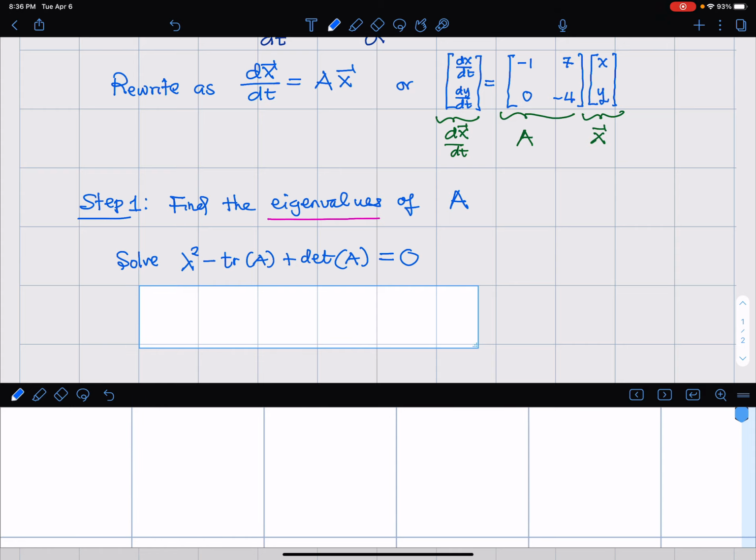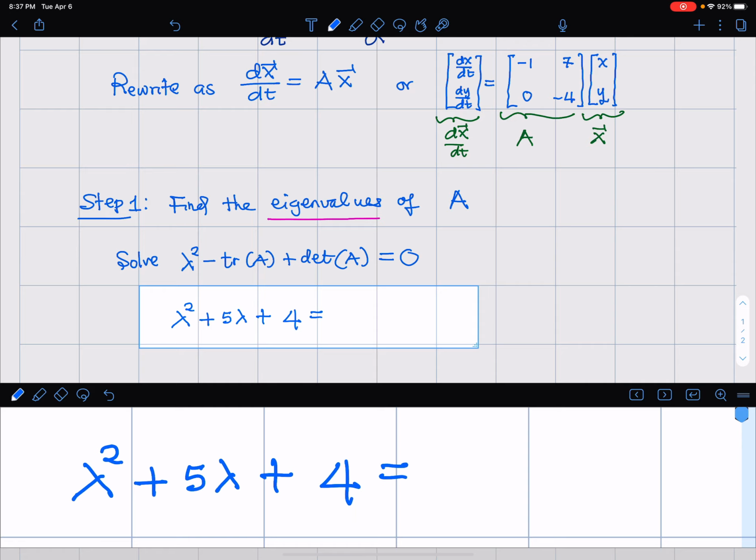So this is lambda squared. The trace is negative 1 plus negative 4, which is negative 5, so minus the trace will be plus 5 lambda. Then the determinant is negative 1 times negative 4 minus 0 times 7, so we have plus 4 equal to 0.